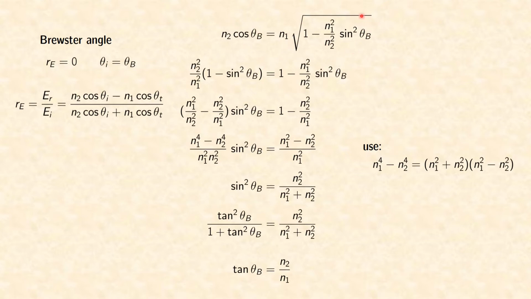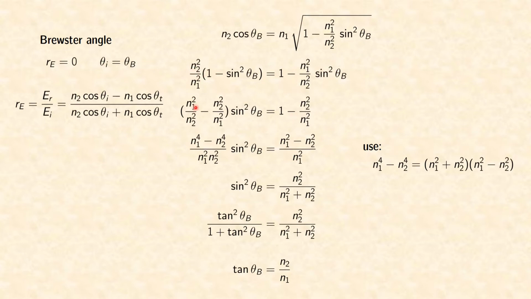Okay, now we square this equation on both sides and divide by n1 square, of course. And then we end with this equation, and there the cosine square is substituted by 1 minus sine square. And here we have the argument of the square root, of course. Now we collect the terms with factor sine square from both sides, here on the left side, and all others on the right-hand side.